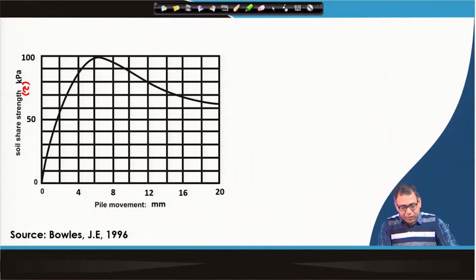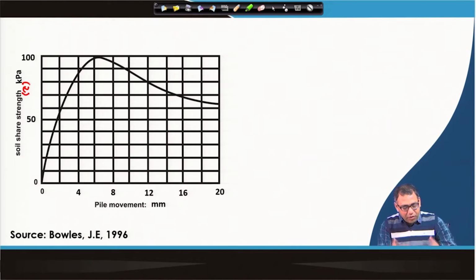To use this approach, you should have this type of curve, that is, the slip of pile and soil, the deformation of the pile corresponding to the shear stress the pile gets for that particular movement. For example, for a movement of 2 millimeter, the pile shear stress is 50 kPa. So that is the idea.